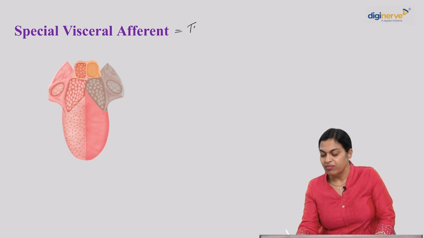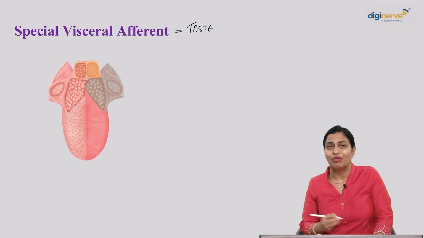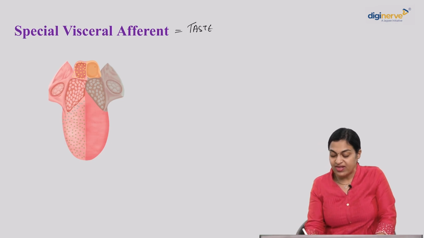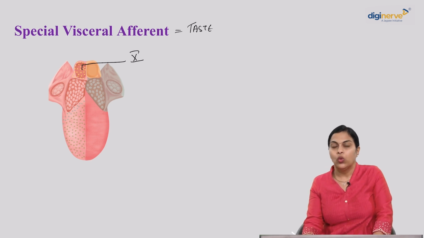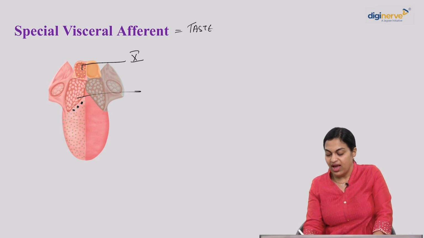One word that you should remember here is taste sensation from the tongue. The taste sensation from the posterior most part of the tongue is carried by vagus nerve, from the posterior 1/3 and the circumvallate papillae, glossopharyngeal nerve.